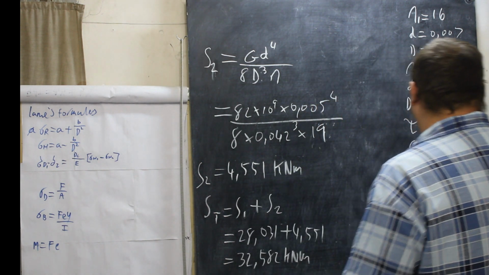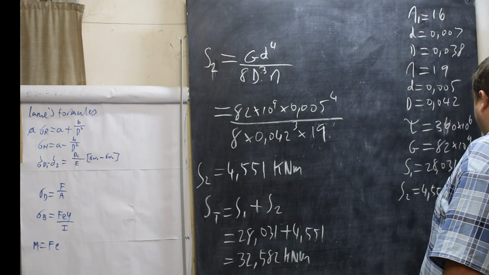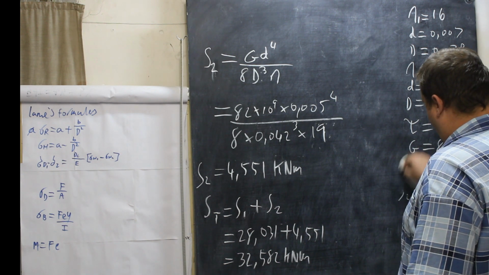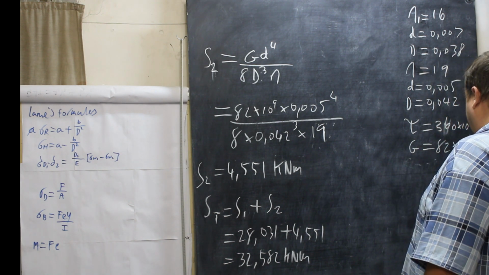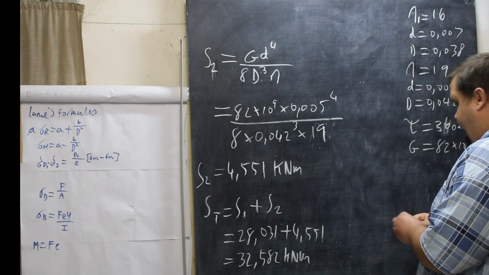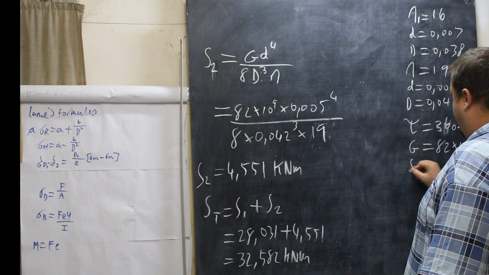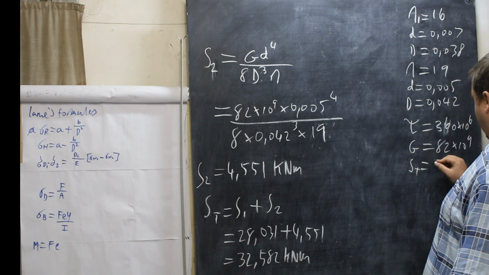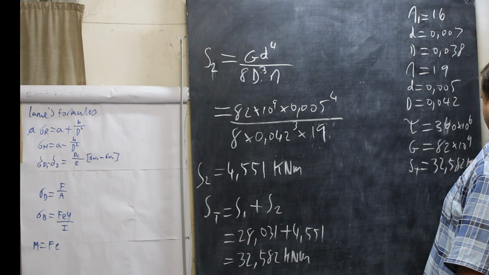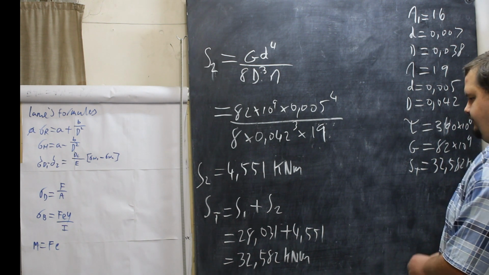Right. These will not be important anymore. Only the total stiffness will be important. So S total is 32,582 kilonewton meters.